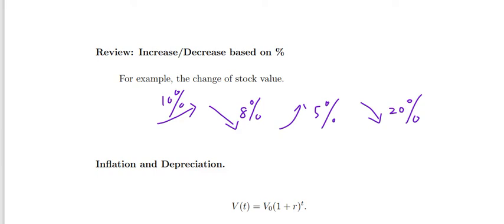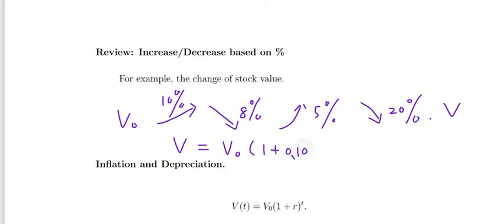So we just use this. We say here the initial value, V0, and here the value after this, V now. So V now equals V0 times 1 plus 10% for an increase. We change 10% to 0.1, right?